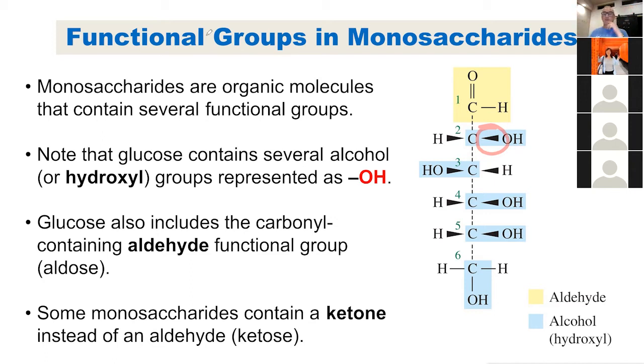And so we're going to use something called a Fischer diagram, and we're not going to bother with the wedges anymore. We're just going to use lines and assume that the lines mean that they're coming up. And that'll be super important when we're talking about what kind of monosaccharide they are.